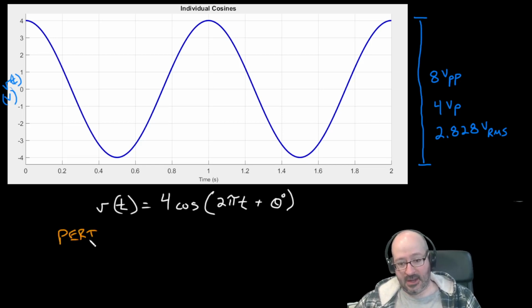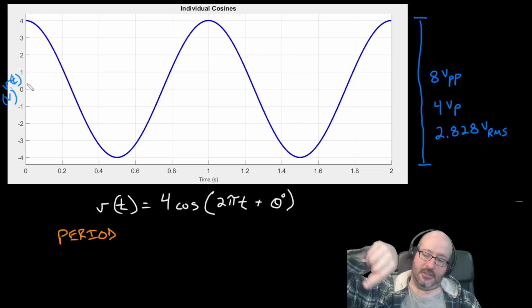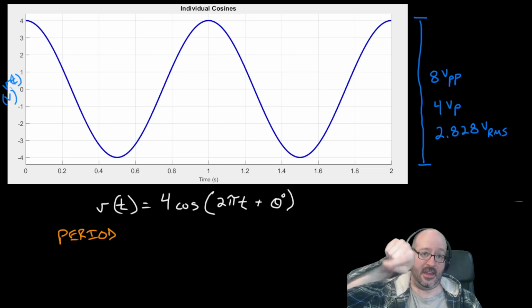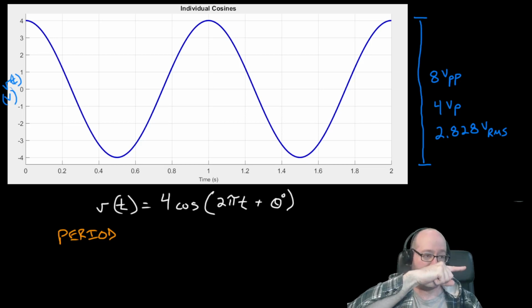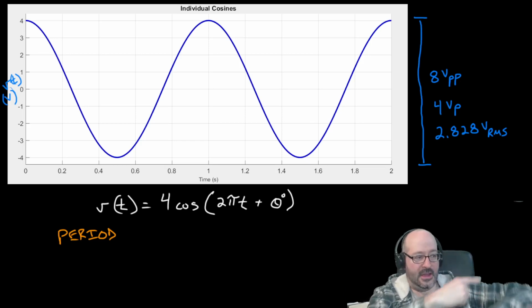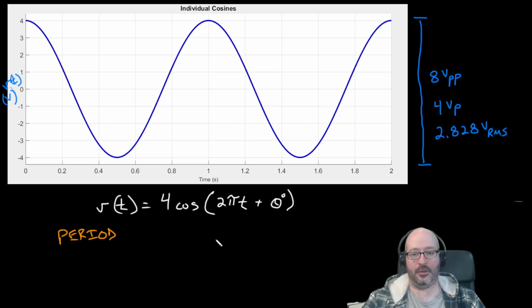It's the period of time it's going to take that phasor to rotate around one complete time. This one starts with a phase angle of 0. It's going to go from its peak to 0 to its negative peak, back to 0, and then back to its positive peak. That's one full rotation, and we call that one period.